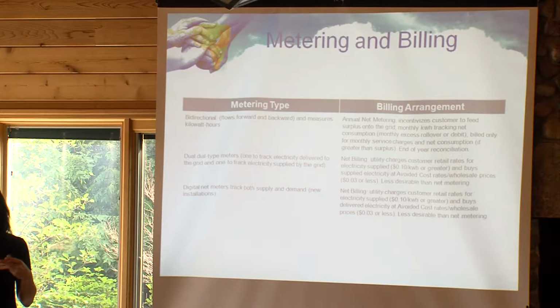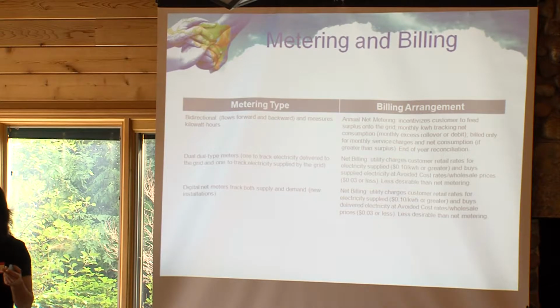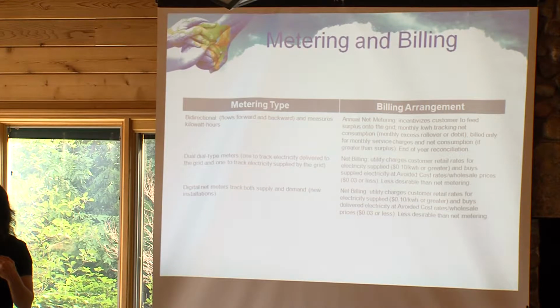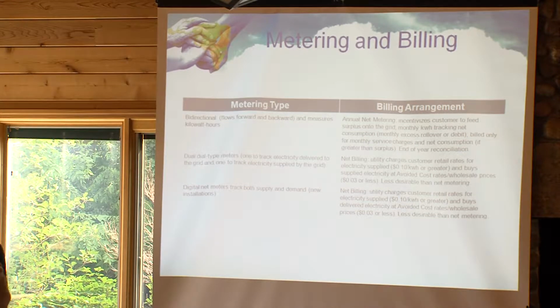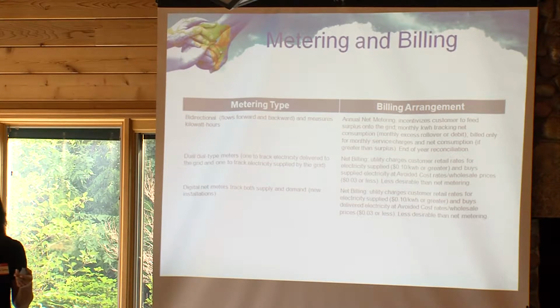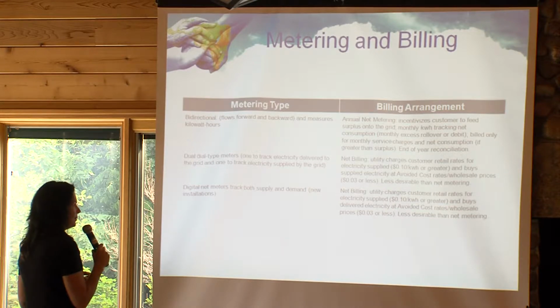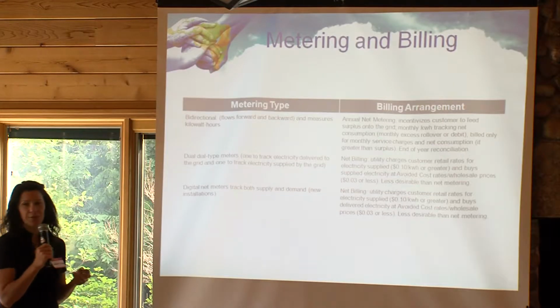And in most cases, this is seen as less desirable because you're getting 0.03 cents per kilowatt hour produced. That's that avoided cost rate, and then they're charging you 10 cents. So it doesn't seem like it's a good balance, but in most cases, utility companies do the net metering.